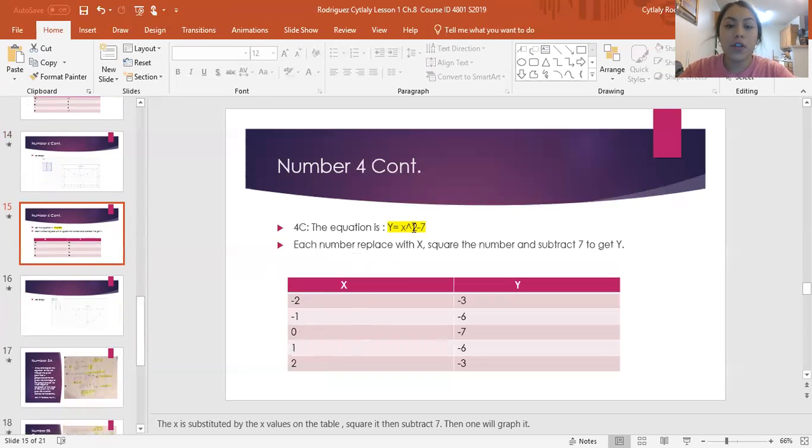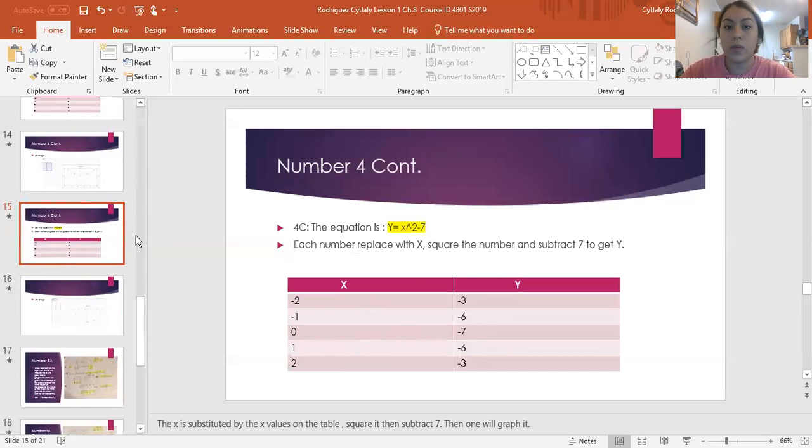So we did -2 squared, got that answer, subtract 7, and got -3. -1 squared, square that, minus 7 is -6. 0 squared minus 7 would give us -7. 1 squared minus 7 gave us -6. And 2 squared minus 7 gave us -3.